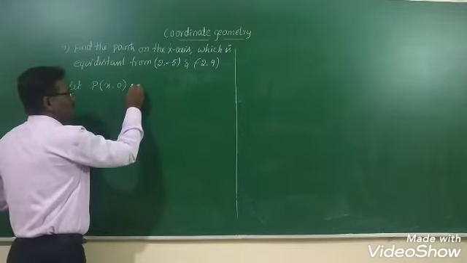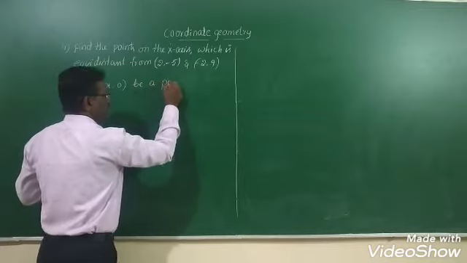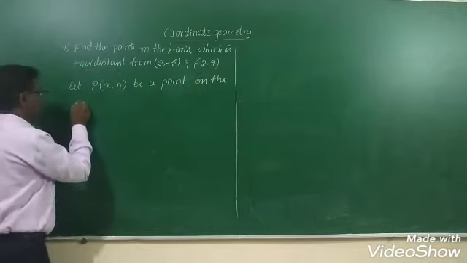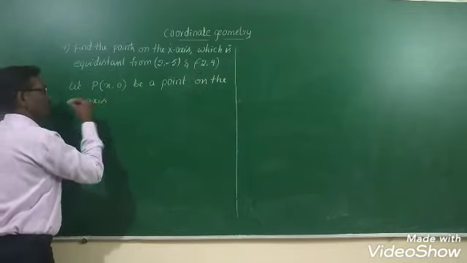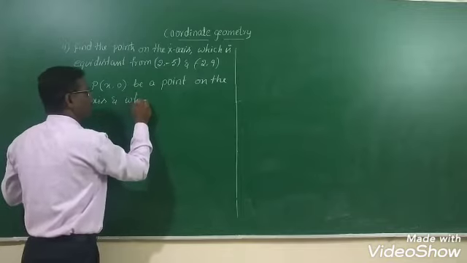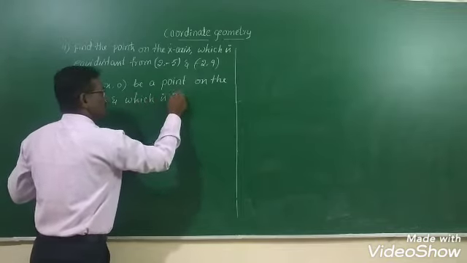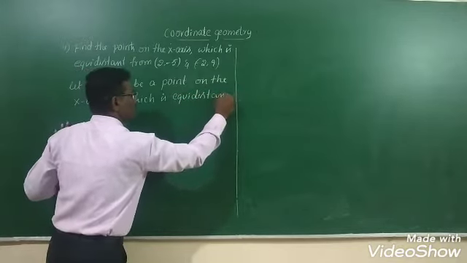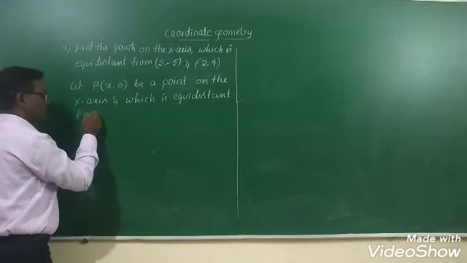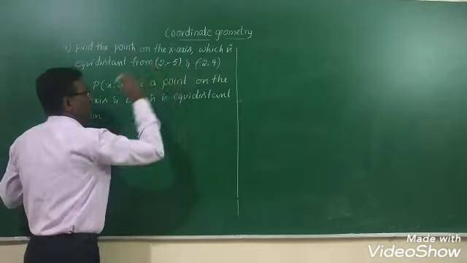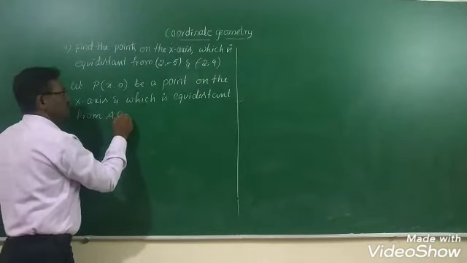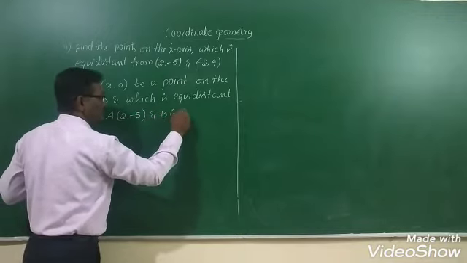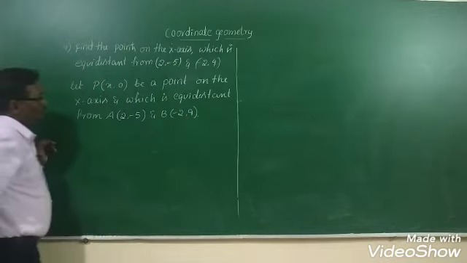Let P(x, 0) be a point on the x-axis and which is equidistant from the given points. So we have to name them A(2, minus 5) and B(minus 2, 9). So what is the meaning of that?